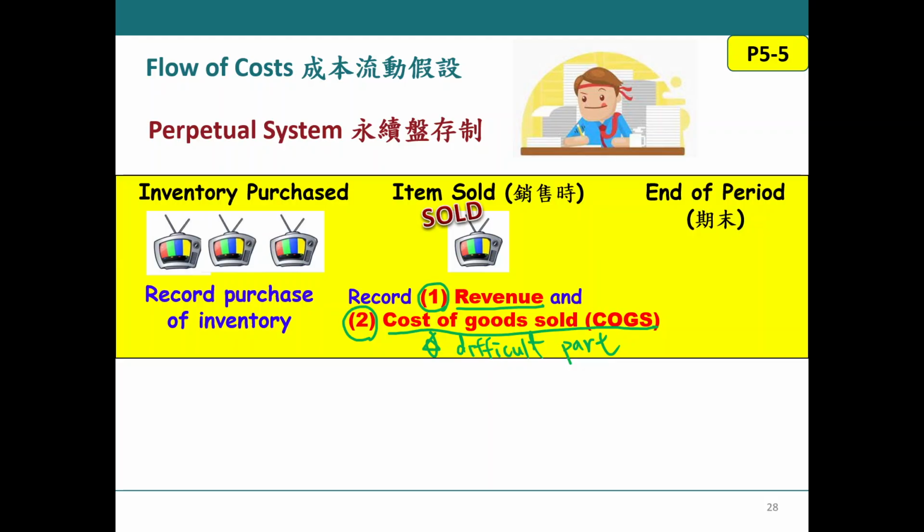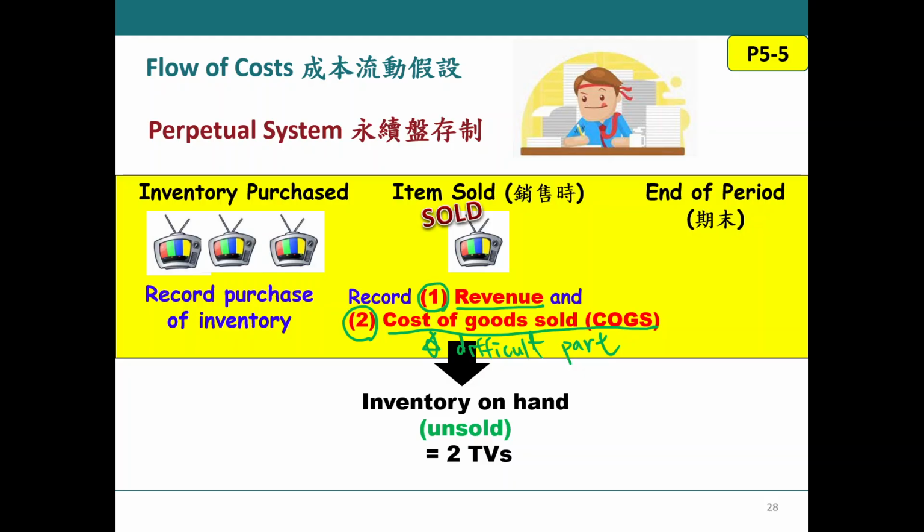So based on this, I know the cost of goods sold, the numbers, amount, the dollars. Can you know how many inventory you still have right now? Yes, right? So I can know, okay, 3 units minus 1 unit, I still got 2 units. But that's only for units. But don't forget, for finance accounting, we focus on money, money, and money. So for these 2 units, can you get the amount, the cost of inventory for 2 units? You can, right?